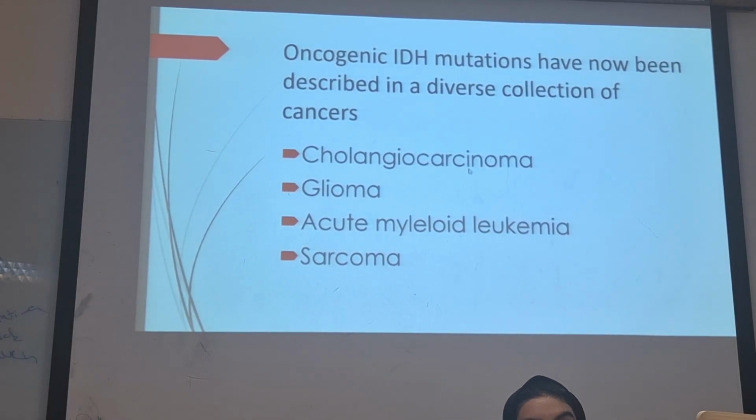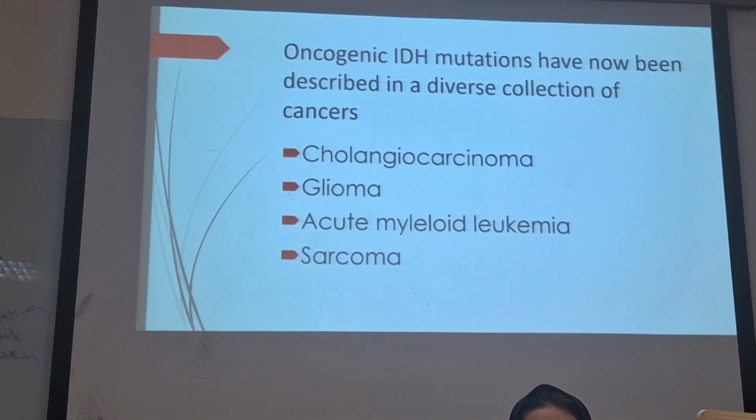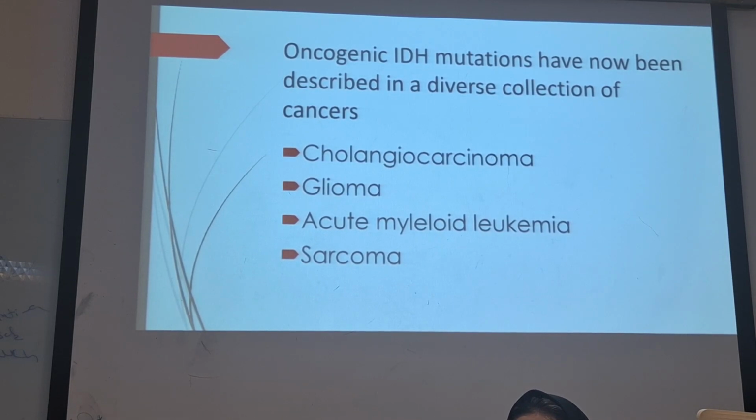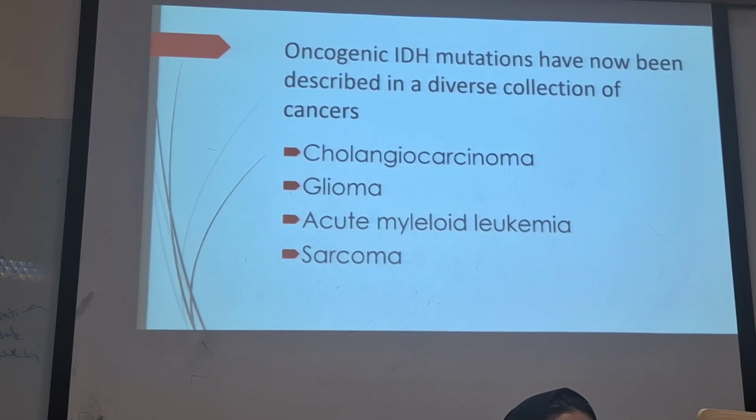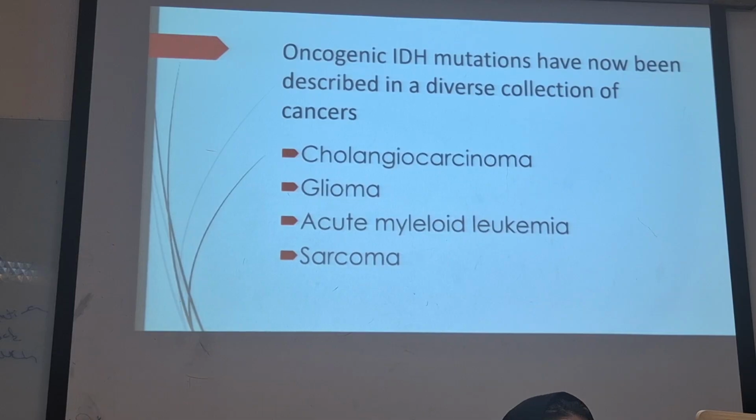Cholangiocarcinoma is a tumor of, what's the meaning of cholangiocarcinoma? A biliary tract system. Yes, from the bile duct. This is an epithelial malignant tumor from the epithelium of the biliary tract system. And about glioma, cells in the brain or spinal cord?